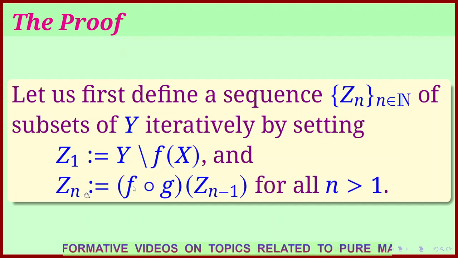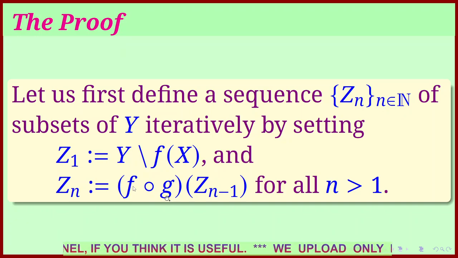And all other elements are defined by this formula: the next element is defined by applying the composite f composite g. f composite g means first you apply g and then apply f.